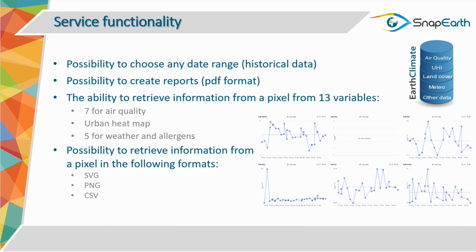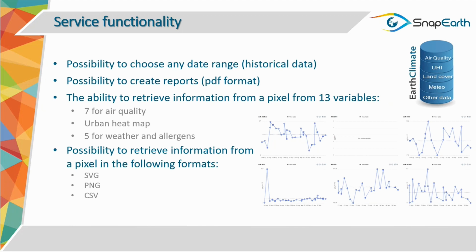Also, we have the possibility to create reports in PDF format, and the ability to review information from 1 pixel for 13 variables. I mean 7 for air quality, 1 for urban heat island, and 5 for weather and allergens.